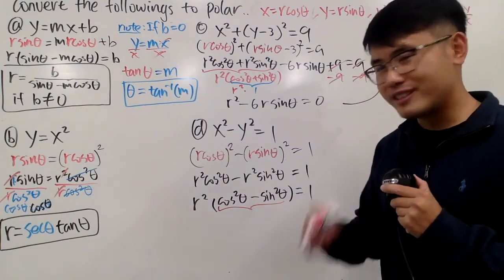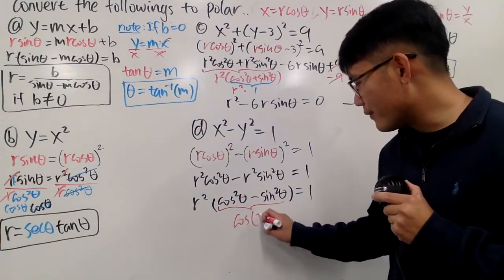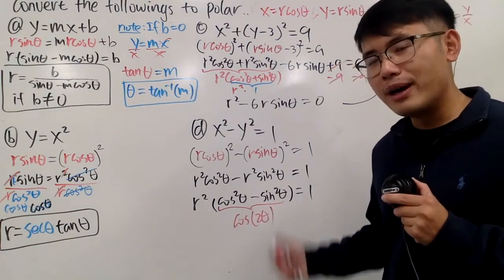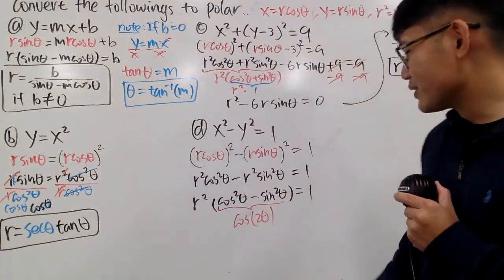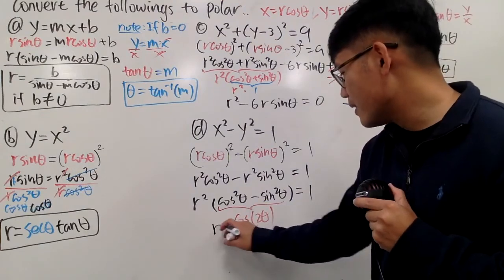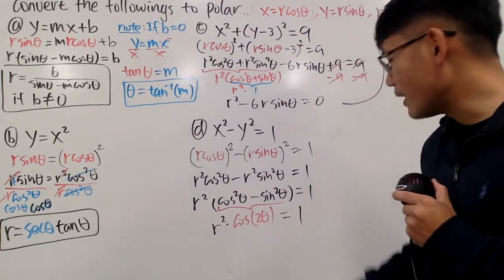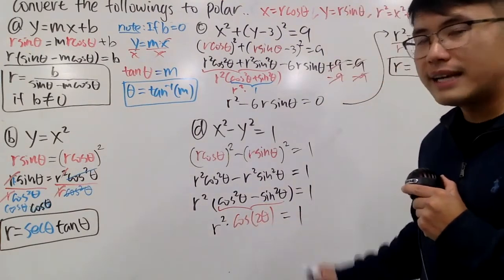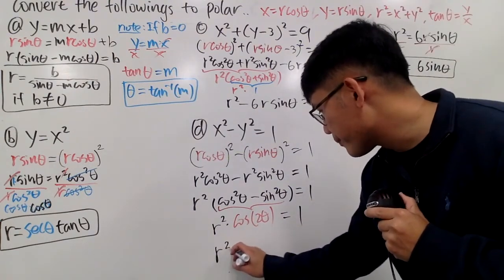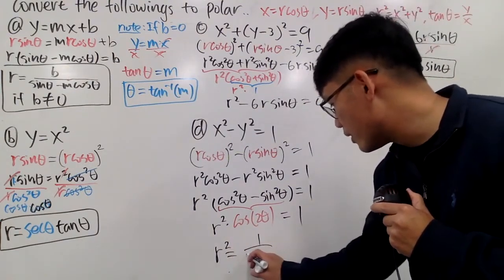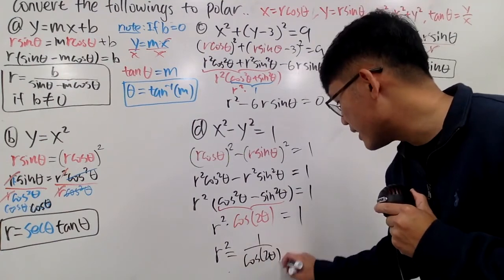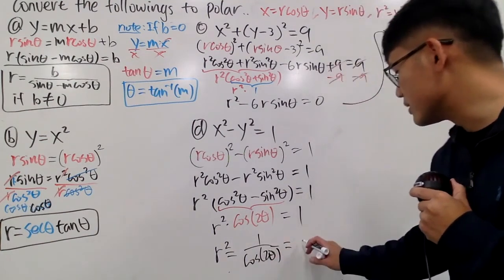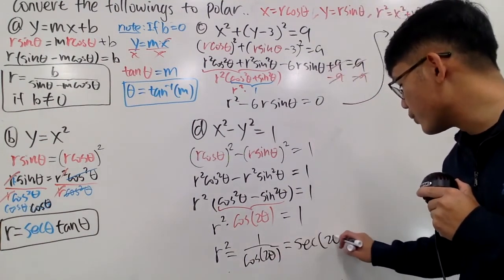This right here is precisely cosine of 2 theta. It's the double angle identity for cosine. So in other words, we are just having r squared times this equals 1. And you can divide this on both sides. So you have r squared equals 1 over cosine of 2 theta. And in other words, this right here is just secant of 2 theta.